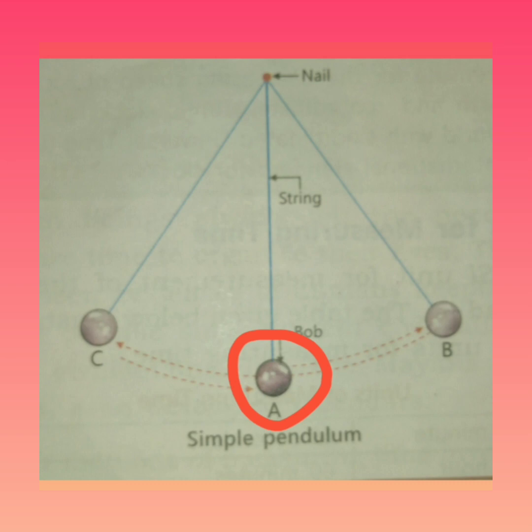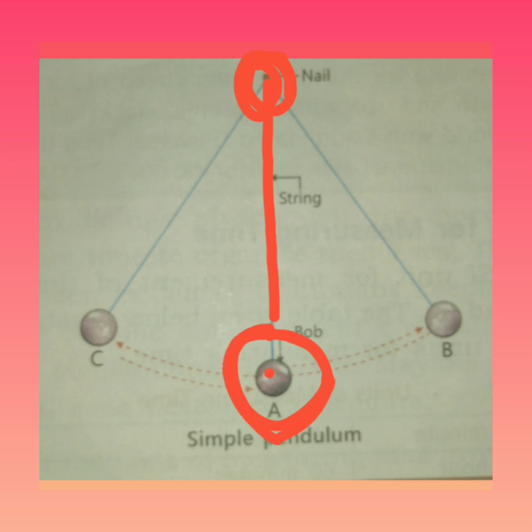Then this bob is fixed at one end with a thread. This is the nail. Here it is the thread, okay? The other end of this thread is fixed with the nail and one end is fixed with this ball.